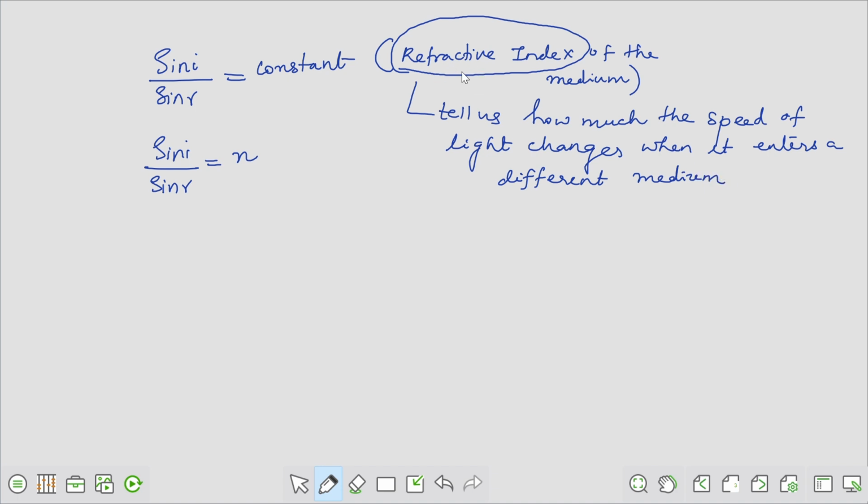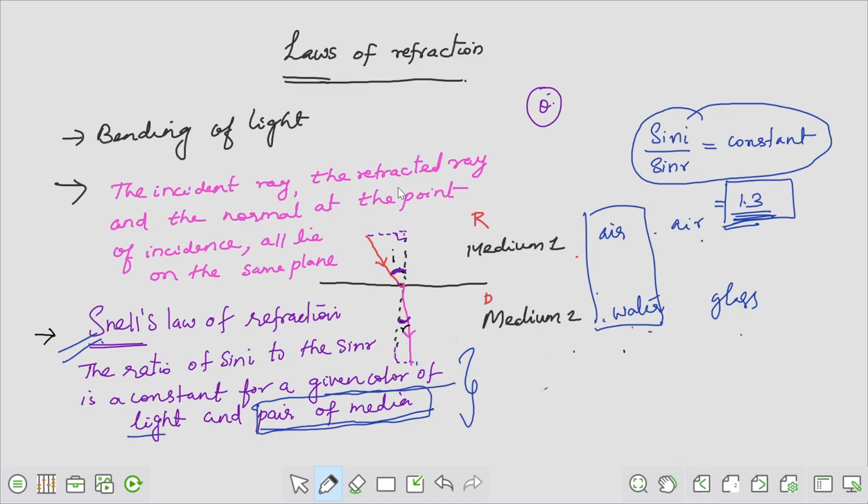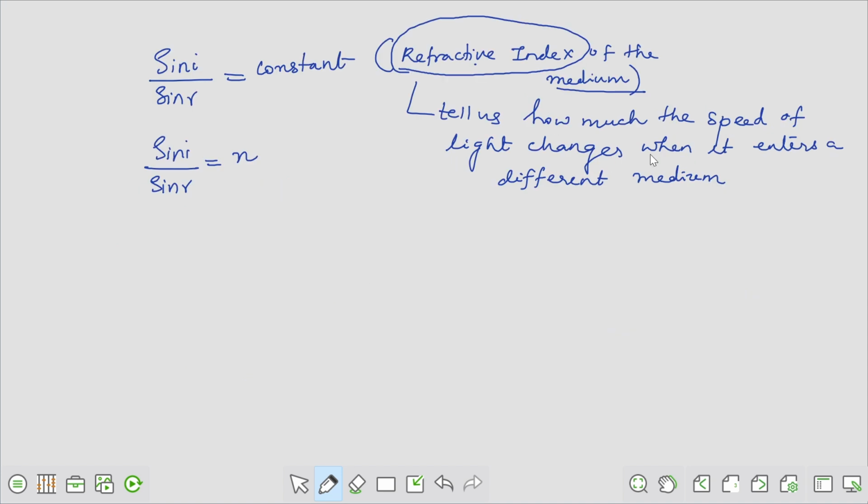So for that we use this term, and we will learn more about it. One more thing you have to remember: I have told you refractive index of the medium. Why did I say of the medium? Let's go back. When light enters from rarer to denser, bending happens when it enters a different medium.